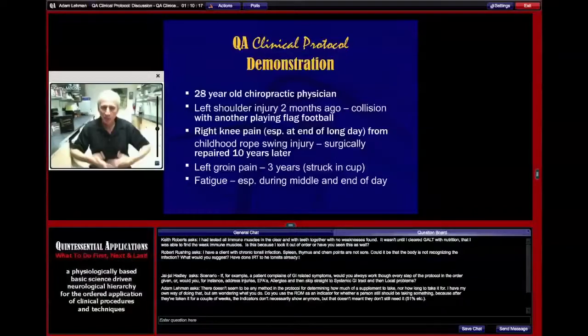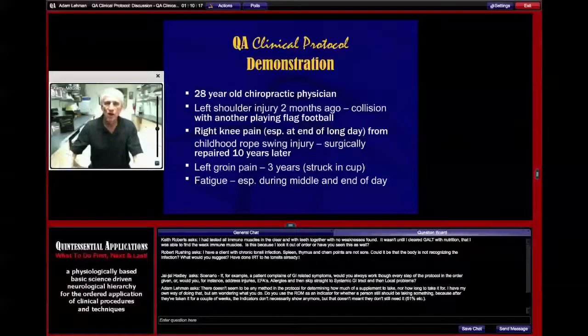The cup has an edge on it, for those of you who haven't been privileged to wear one, and it jammed into the pubic bone and created significant pain that subsequently caused pain in the left testicle that had been treated by tapping techniques and relieved the left testicular pain, but the left groin pain persists. He also has complaints of fatigue, especially during the middle and at the end of the day.